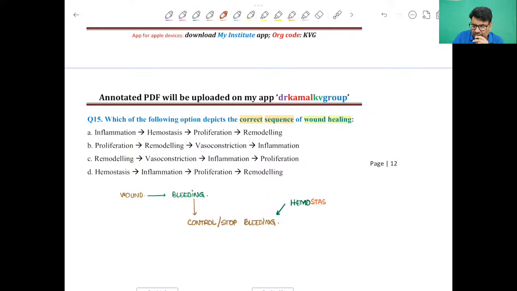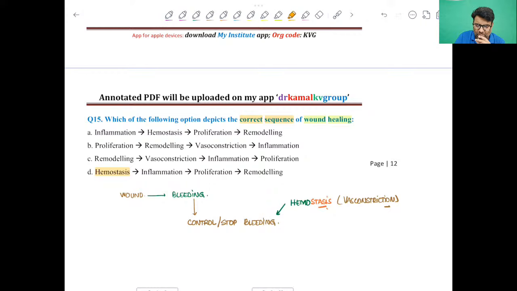Clear? Body can achieve this by vasoconstriction. So the initial step has to be hemostasis. After that only wound healing will properly start. So the very first step has to be hemostasis, and therefore the answer is pretty clear.